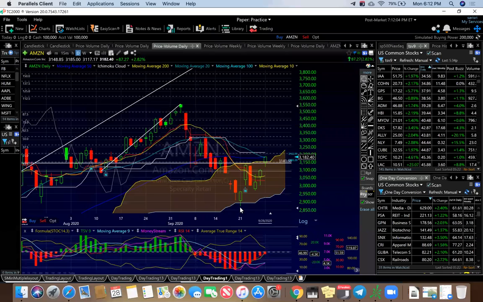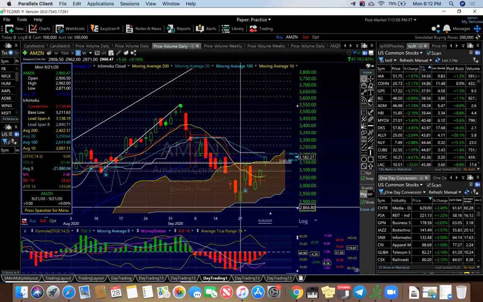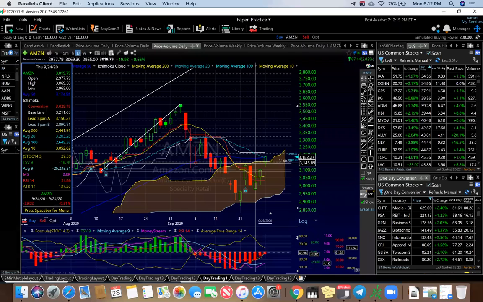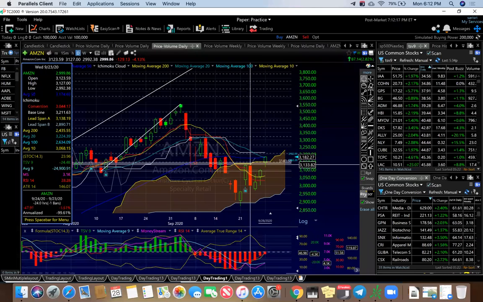So what we did, I remember now. We did it at 2871 and it was crossing this Leading Span B, and we knew that that week it would get up to this conversion line and it would not cross this.